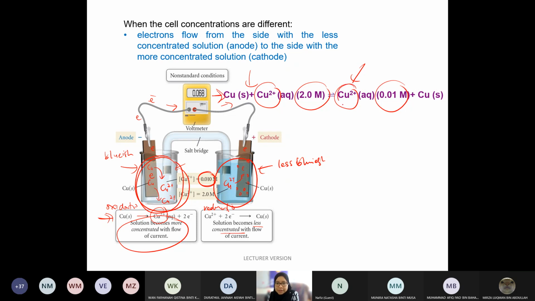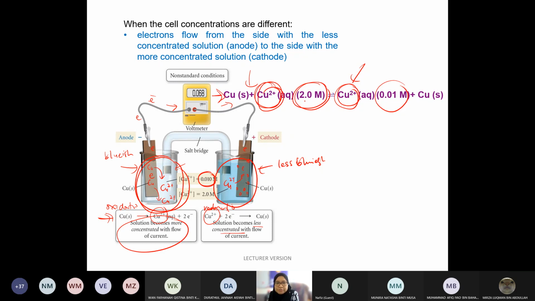So kalau duduk lepas reaction, lepas arrow, the copper 2 plus come from the oxidation punya product. And this one copper 2 plus dekat reduction dia duduk dekat sebagai reactant. So this copper 2 plus belongs to reduction cell, reduction half cell. So it will be the 2 molar.